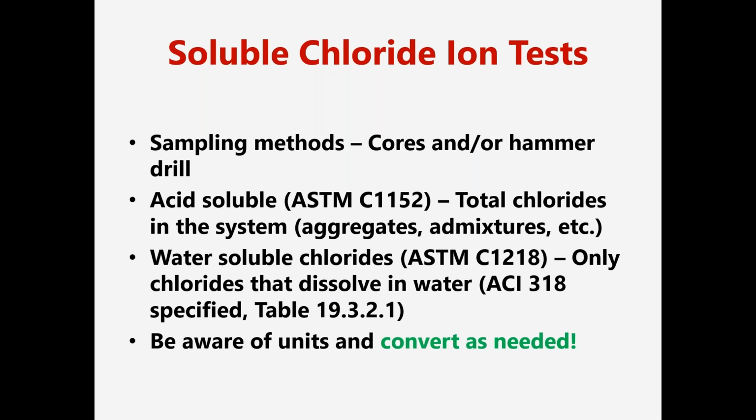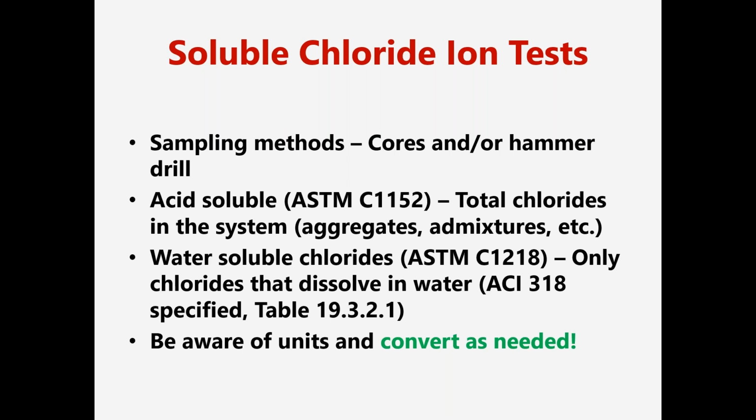So we're talking about chlorides, chloride ions. There are different ways that you can test for chlorides. Probably the most common way is from a core. We'll go out, take a core, or somebody will give us a core, and we'll test that core for chlorides.